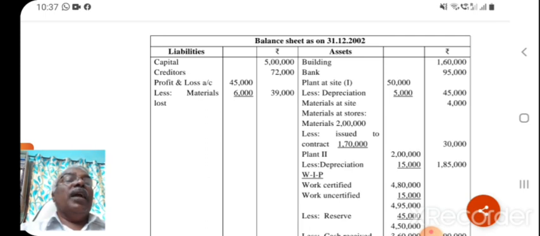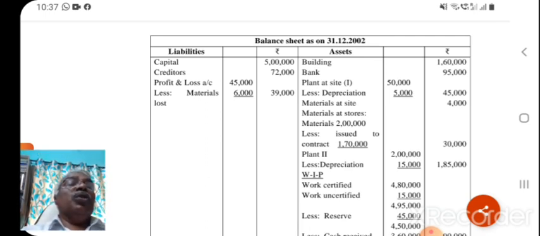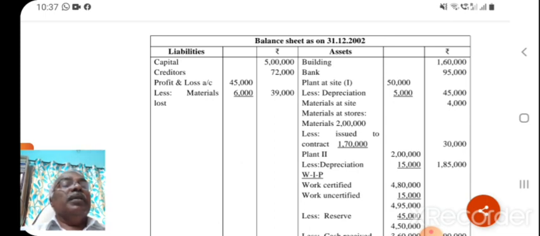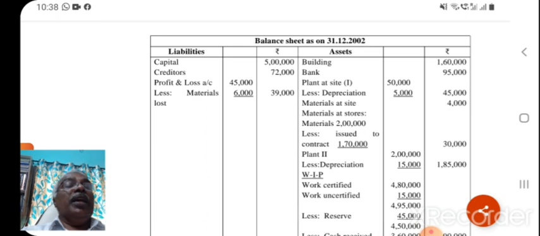Materials at stores, so you have the material of 2 lakh. Out of that, you have used only 1,70,000. That means there is a difference of 30,000 which is in the stores. You have not used it for any contract. Plant 2, you have used 2 lakh, and the depreciation for 9 months, 15,000. So it is sent back, and the value of the plant with the contractor is 1,85,000.